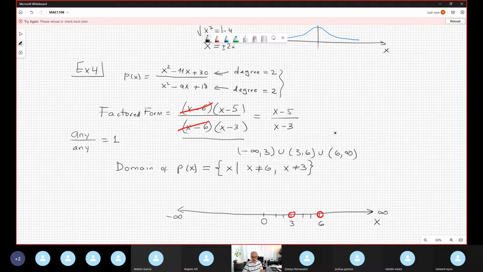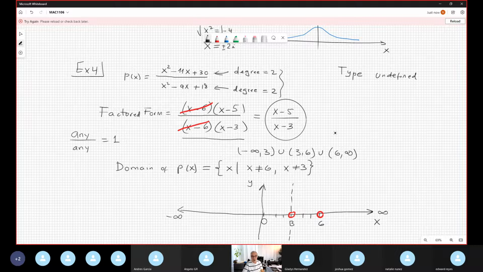However, if you analyze this in 2 dimensions and you put the y-axis here, okay, the type to be undefined is different in 3 and 6 because 3 stays after the simplification. Therefore, in 3 we have a vertical asymptote, exactly the same as we saw before.